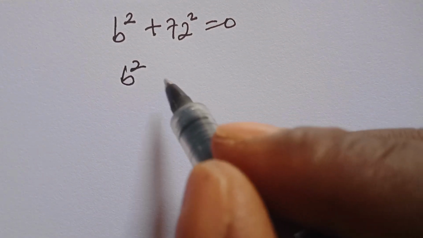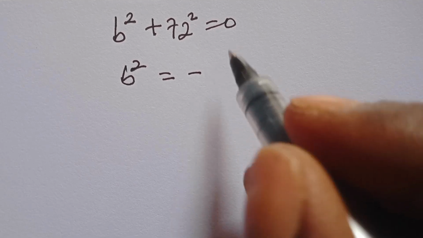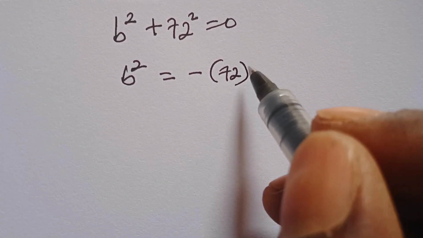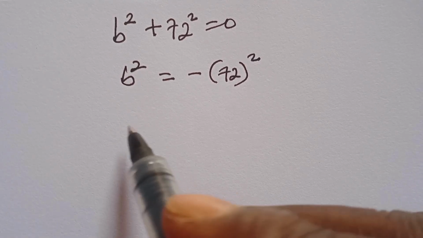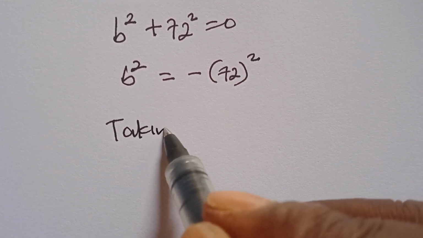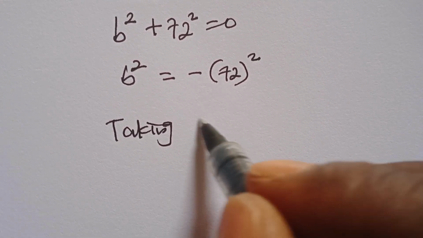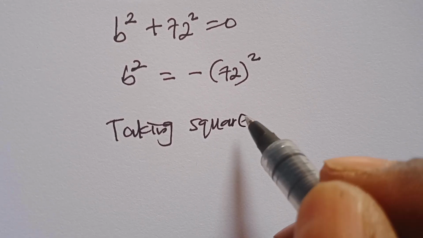After this, let's take 72 squared to our right hand side. We now have b squared equal to minus, in brackets, 72 squared. Now, to get rid of the square, we take the square root of both sides.